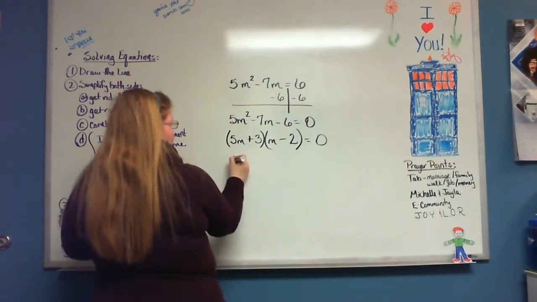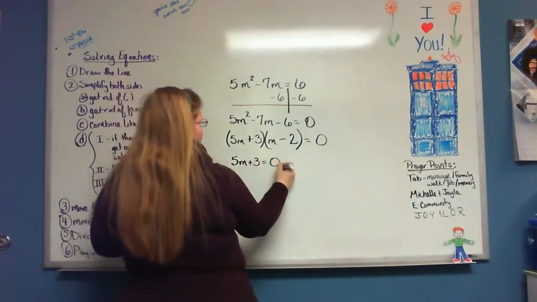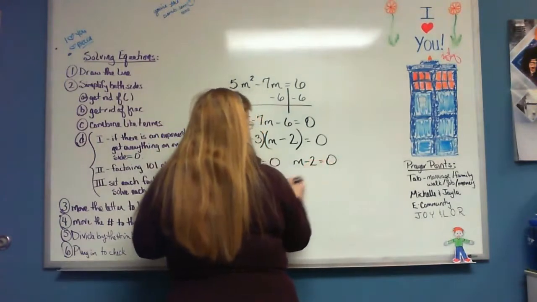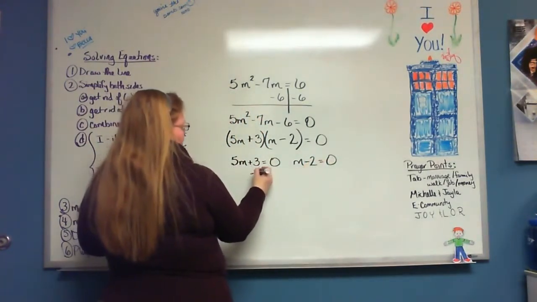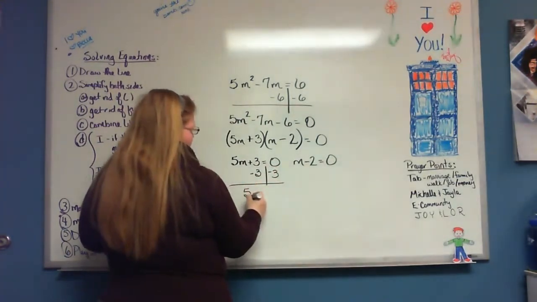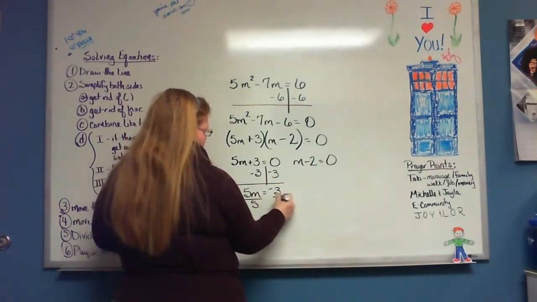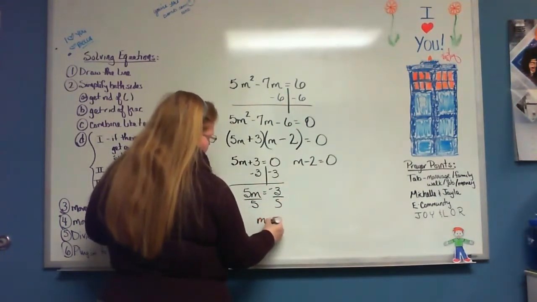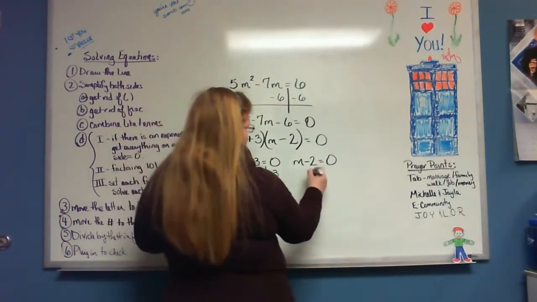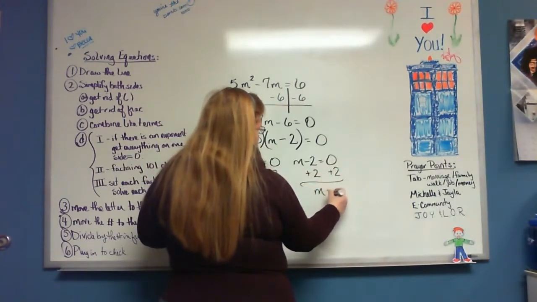Then I set each of these equal to 0. So I subtract 3 from both sides. 5m equals negative 3. Divide by 5, m equals negative 3 over 5. Or I add 2 to both sides and get m is equal to 2.